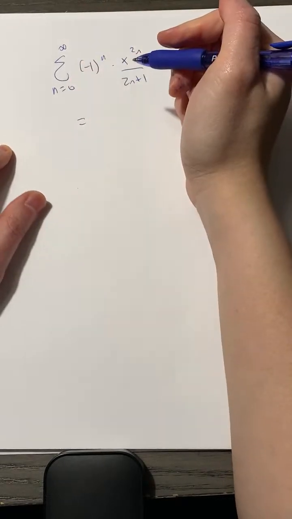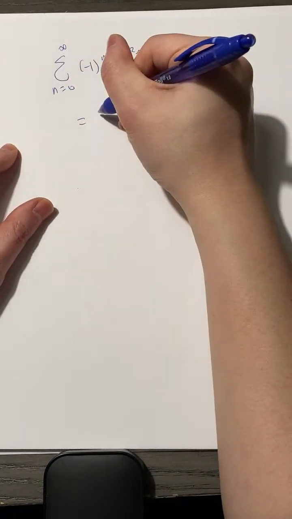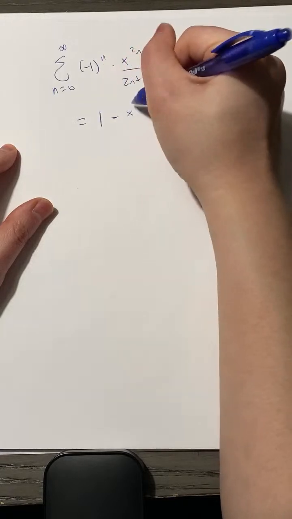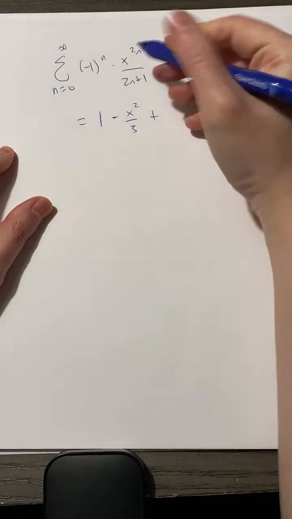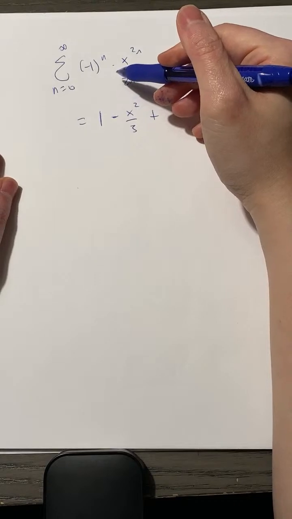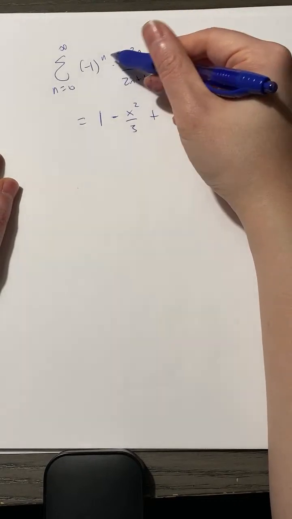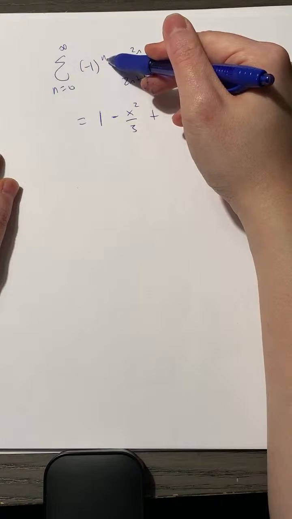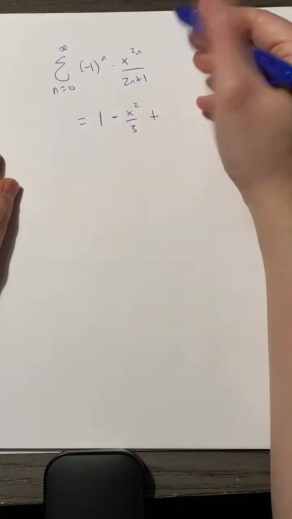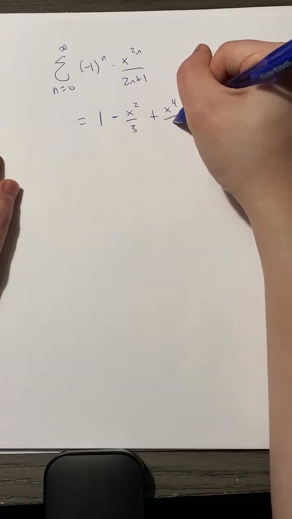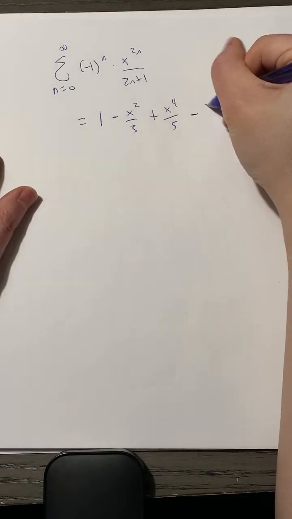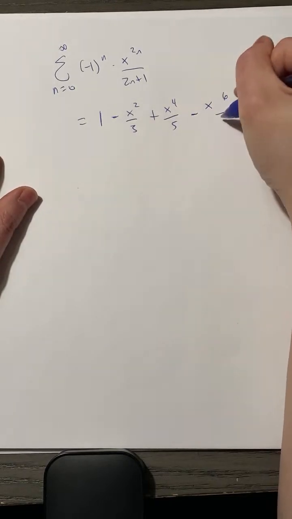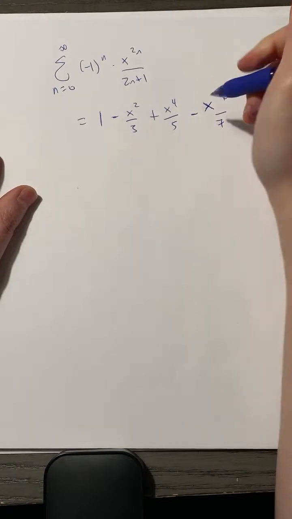And the Taylor series goes, if you start plugging in numbers, they might give you this. It goes 1 minus x squared over 3. Let me find another term. If you plug in 2, it'd be plus x to the 4th over 5 minus x to the 6 over 7. So this is how the question would be presented.